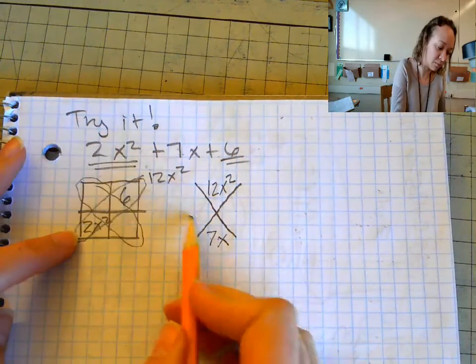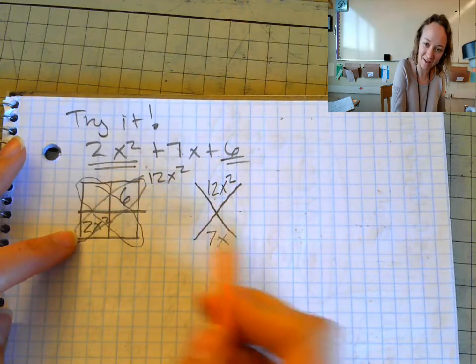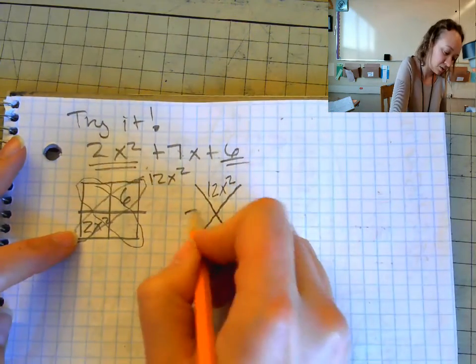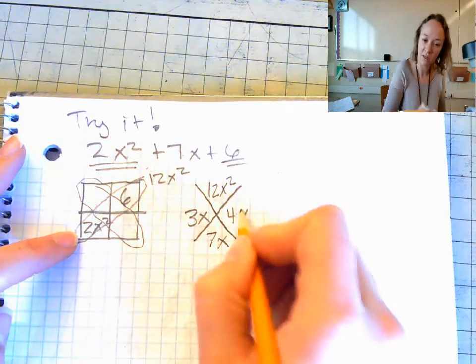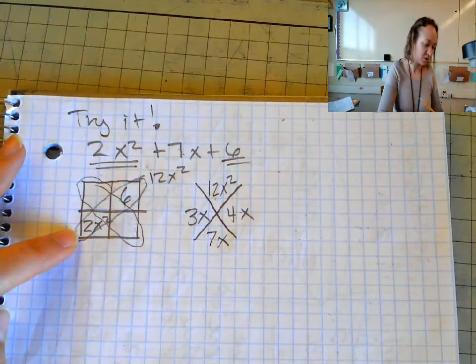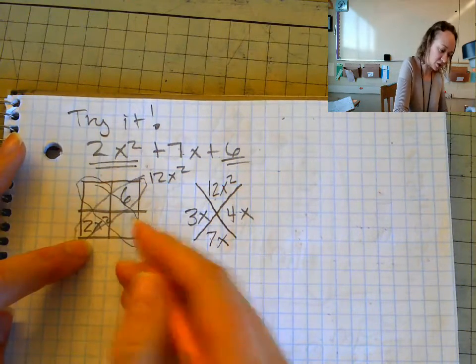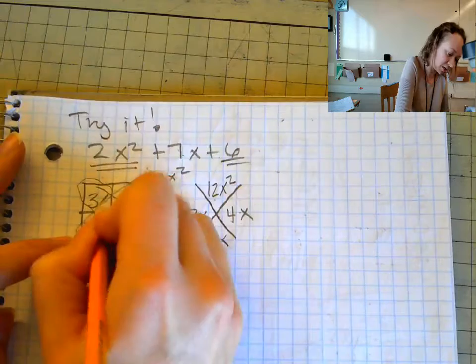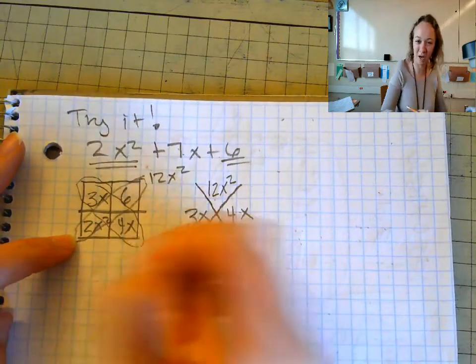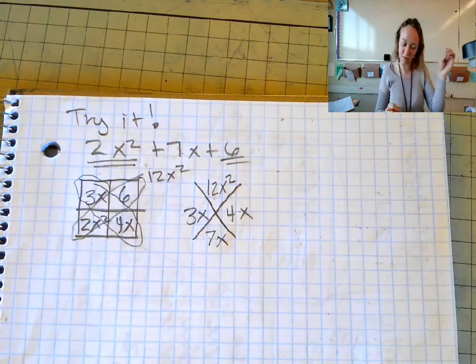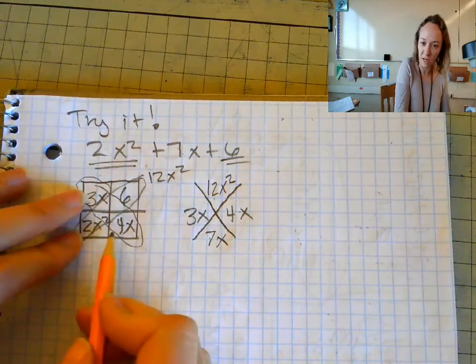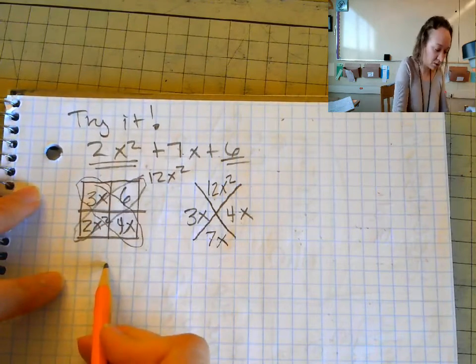So what are two numbers that multiply to 12x squared and add to 7x? 3x and 4x are. So then I can put those back in my generic rectangle. 3x and 4x. It doesn't matter which one goes where as long as they're diagonal from each other. And then I find the outsides of my rectangle.